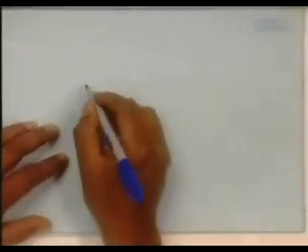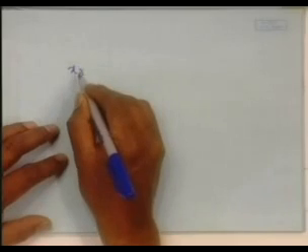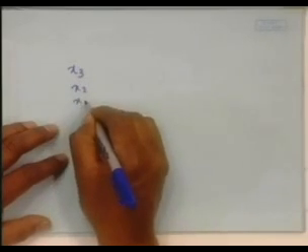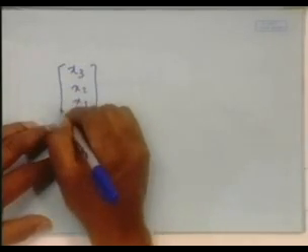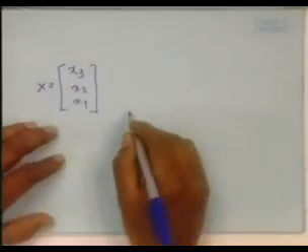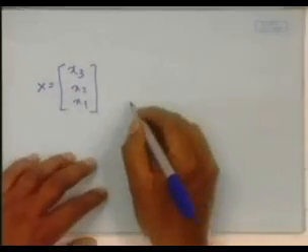If you write this whole thing in matrix form, suppose you assume x3, x2, x1 to be some vector x, let us say in reverse order, it could have been.